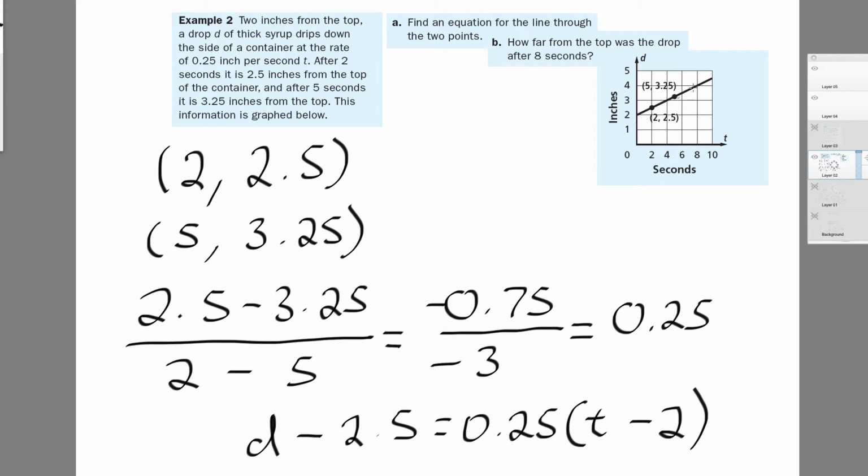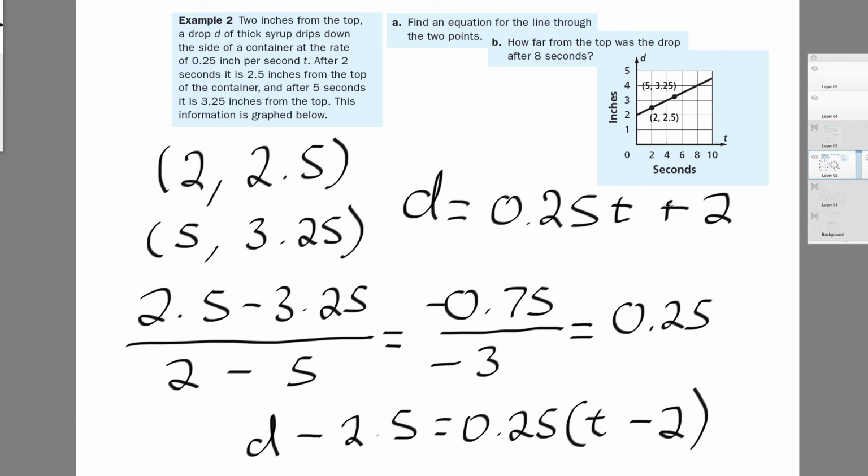Now, we know that by looking at this that our starting point was 2 inches from the top. So we could have, knowing that, say, well, that's our y-intercept at 0, 2, and we could have, given the slope, rewritten this as d equals 0.25 times t plus 2.